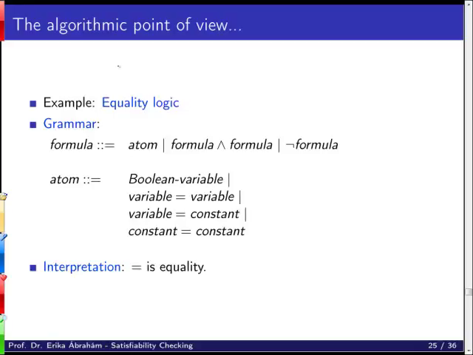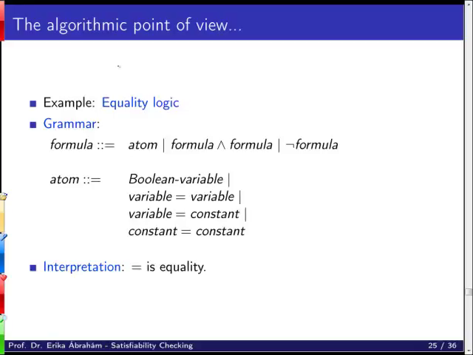Instead of giving a fragment by saying that, for example, it is a quantifier-free fragment of this logic, we just give an abstract grammar telling that the formula is either an atom or a conjunction or negation of formulas, and we say what an atom is. This is a Boolean variable, or a comparison, equality between variables and constants, or constants and constants.